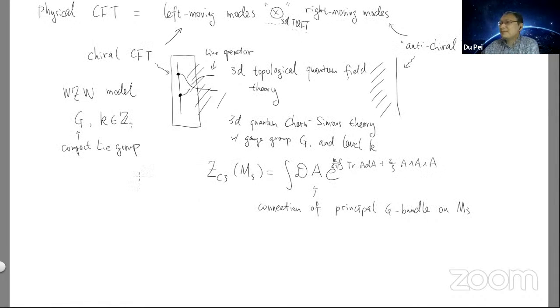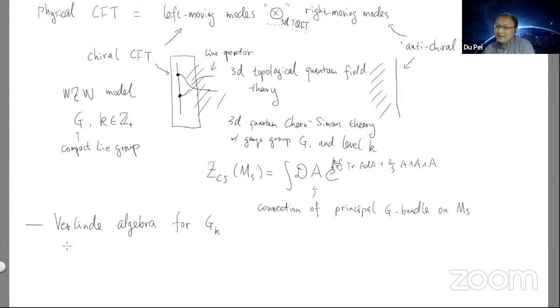So in this talk, we'll be focusing on a small part of the data that one can get from this system, known as the Verlinde algebra for G and level k. And it has different kinds of interpretations.